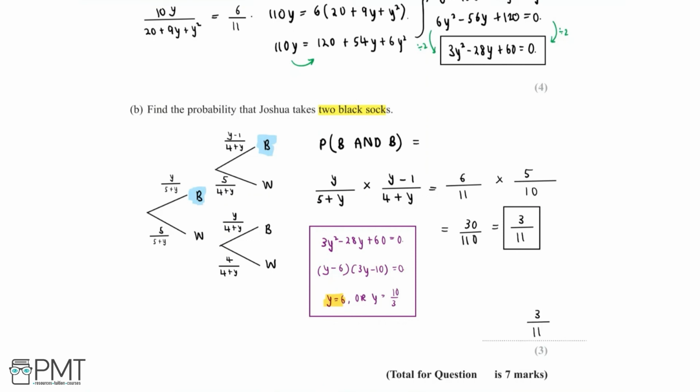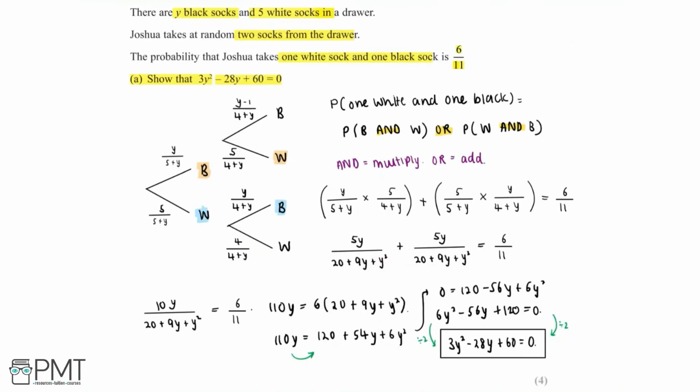Now this question is worth 7 marks, so let's take a look at where these marks are allocated. We get the first mark for the expression that y over 5 plus y multiplied by 5 over 4 plus y, all added to 5 over 5 plus y multiplied by y over 4 plus y is equal to 6 out of 11. We get the second mark for simplifying this into 10y over 20 plus 9y plus y squared is equal to 6 out of 11.